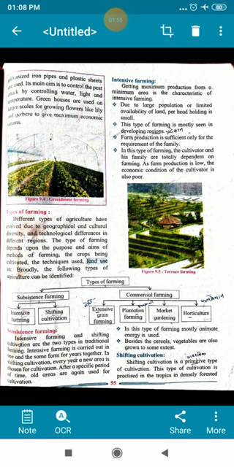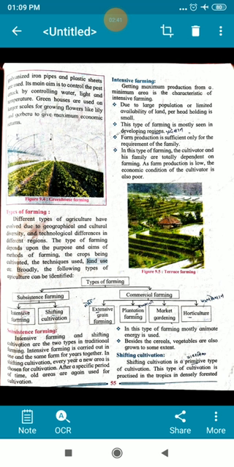Also, the type of farming depends upon the crops being cultivated, the techniques used, and land use, etc. If the soil is suitable for wheat and jowar, then only that kind of crops can be cultivated there. So whatever crops are cultivated depends on the land and soil availability, and also on what techniques are used, modern techniques or primitive, backward techniques. All these factors decide what type of farming is going to happen.